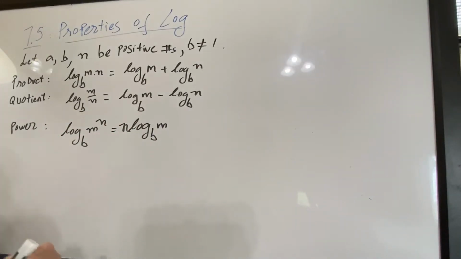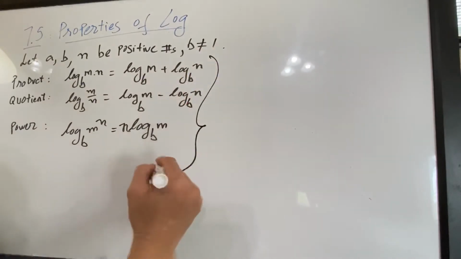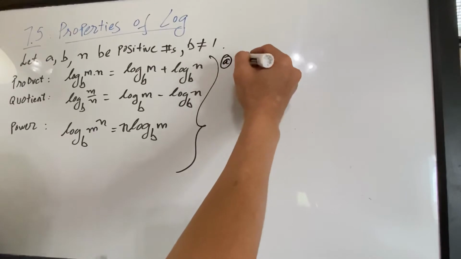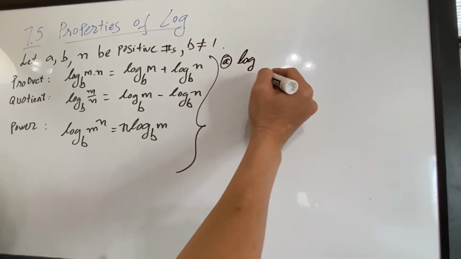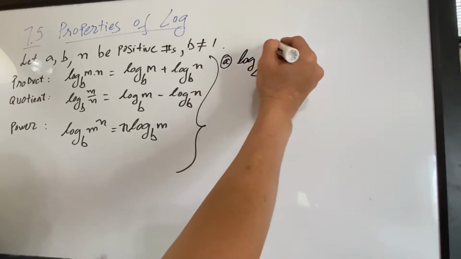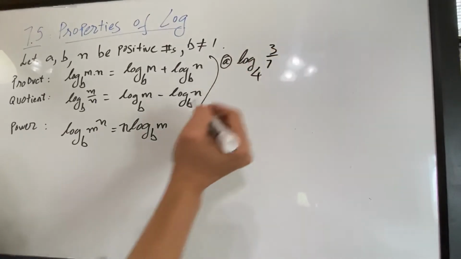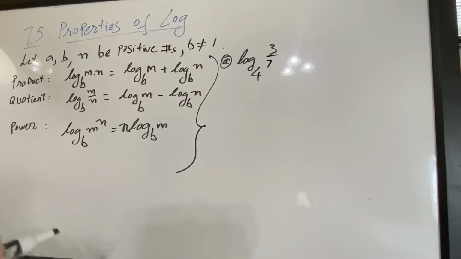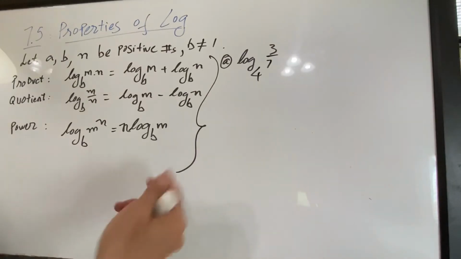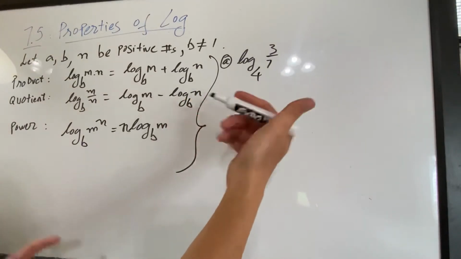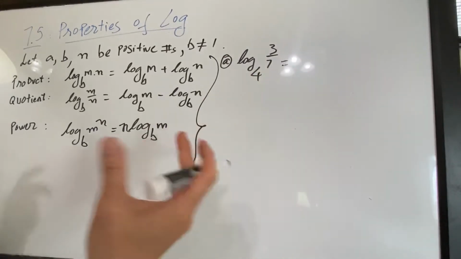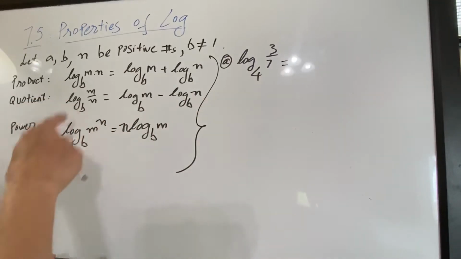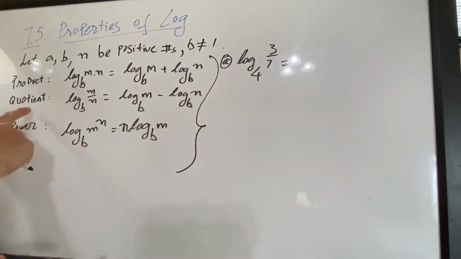Okay, let's do an example so you can see right away. Here we go. Example A, you see right now, you have log base 4 of a quotient, 3 over 7. If you want to really evaluate that, you can punch it into the calculator, but just to do an expansion or to simplify it and see it in the simplest form, which rule are you going to apply? The quotient, 3 over 7.